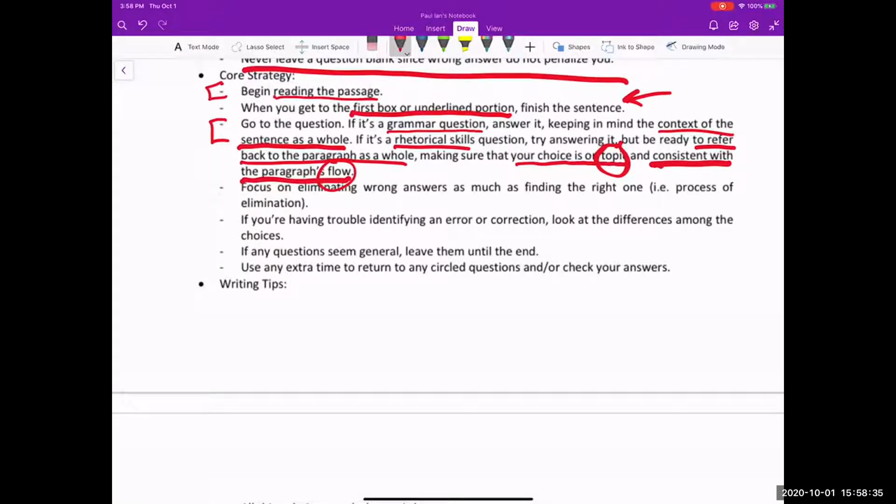What if you're trying to argue something against it? What if the first paragraph says I support that, and the second says I'm against it, and they want you to locate a sentence that supports it, but it's located in the second paragraph? Something's wrong, so you probably have to move it to the first paragraph where it's supporting it. Does it support the topic or the paragraph, and is it consistent with the flow?